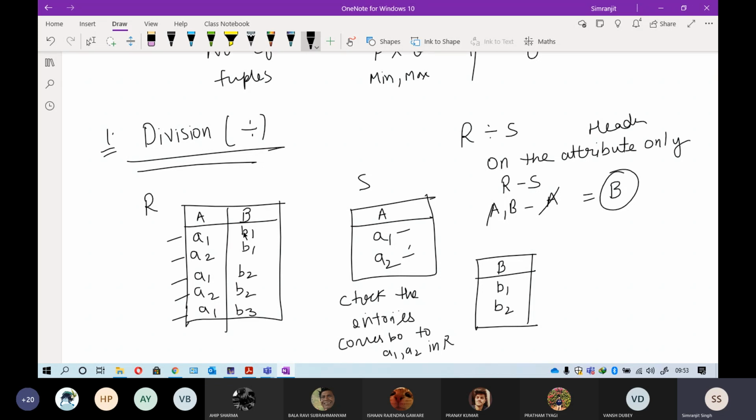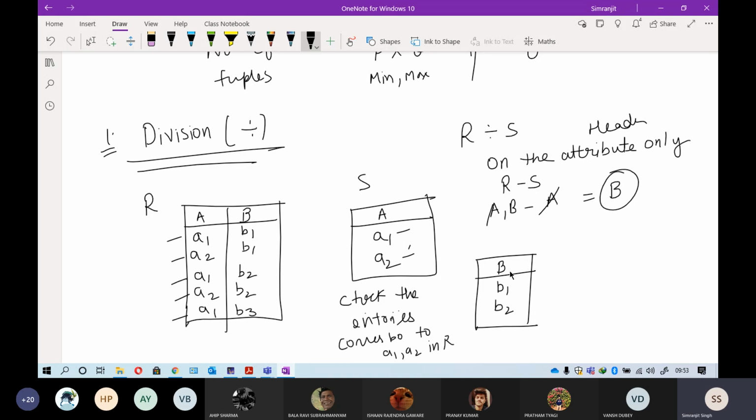It has to be common. So common here, that is B1. So I have included B1 in the answer. Again, I have checked A1, A2, and again there is a corresponding entry that is common here, that is B2. I have again included B2. And in A1 there is one entry, that is B3, but for A2, B3 is not present in the table, so you cannot include B3 in the answer. It's as simple as that.